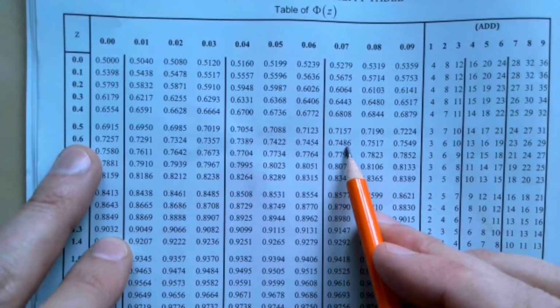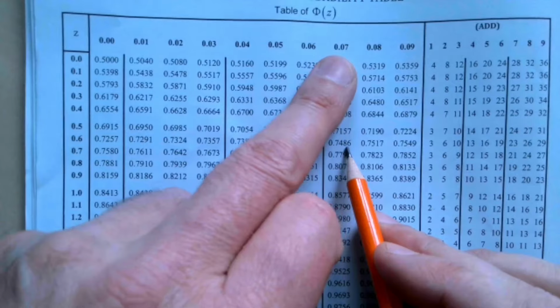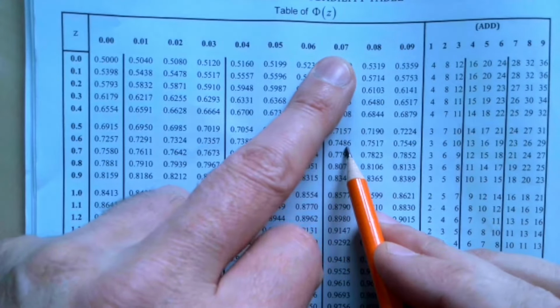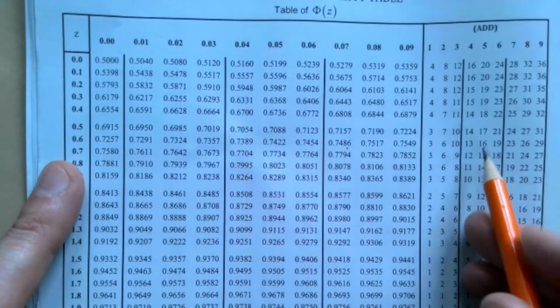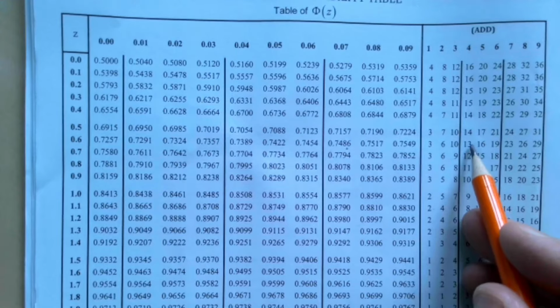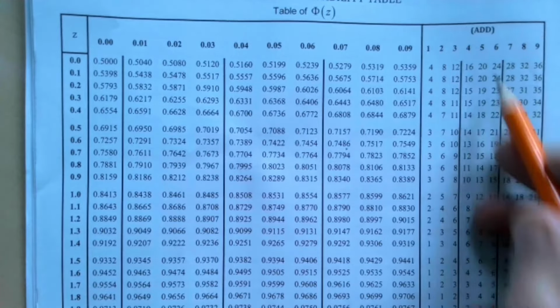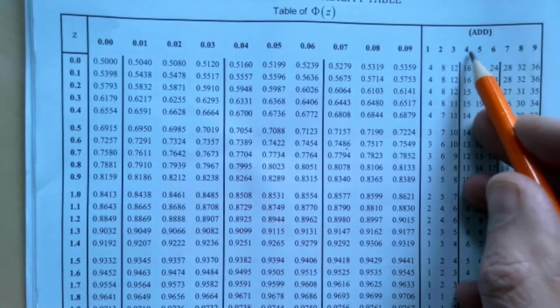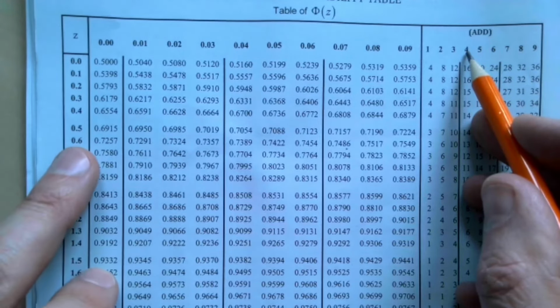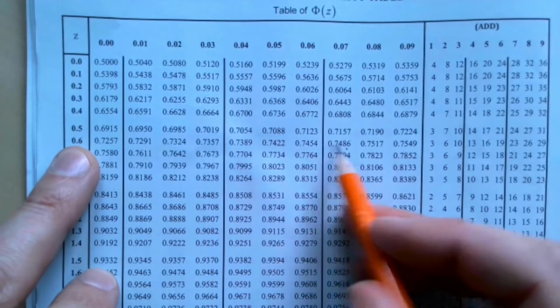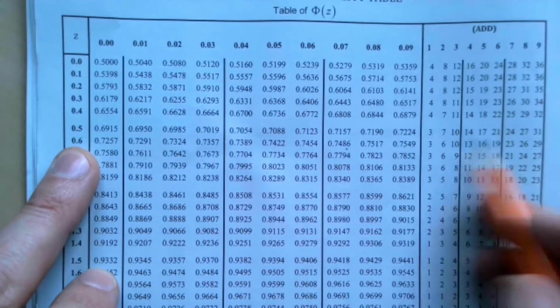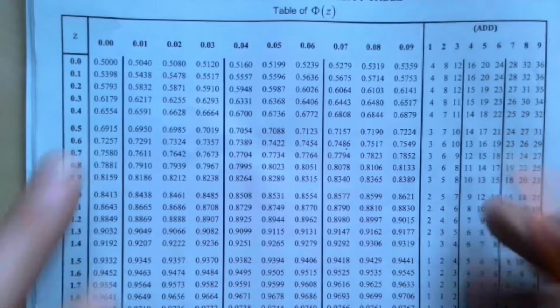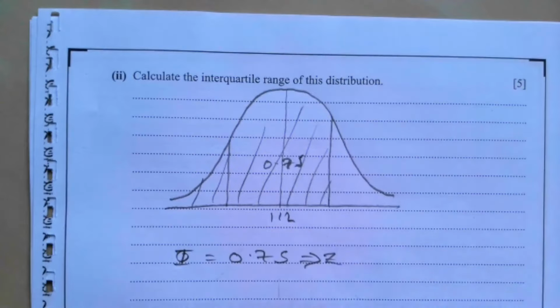So that's going to be 0.67 to start with, and then we want to add 14, so that's a third of the way between the 4 and the 5, so it's going to be 4.3. So 0.6743 is what we're looking for.